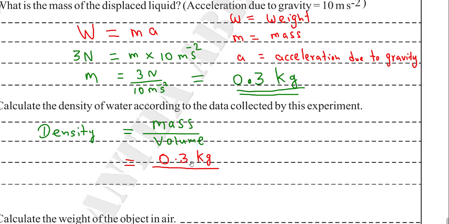I think sometimes it is easy converting kilogram into the grams. In that case, 0.3 kilograms means, children, we can get this as 300 grams.